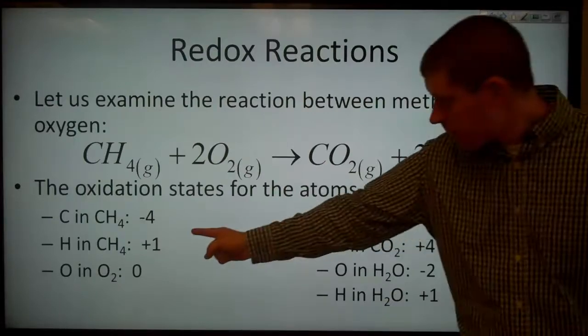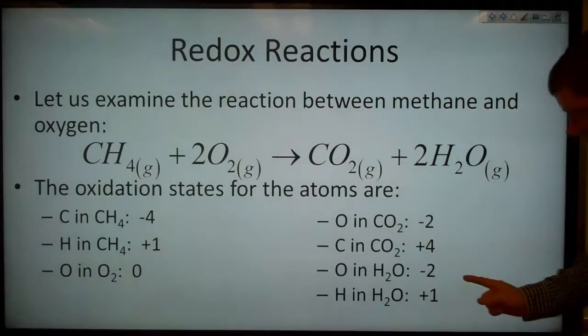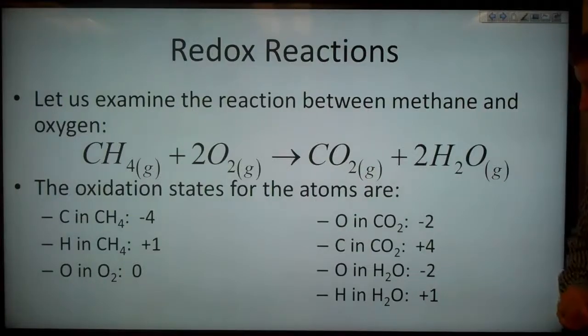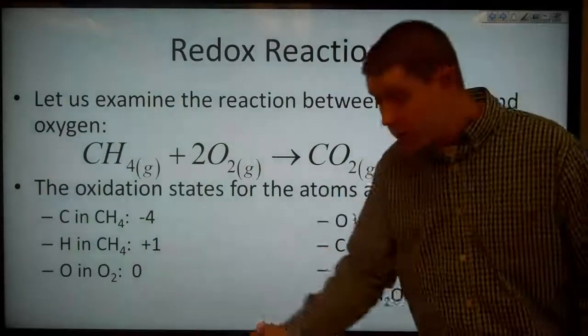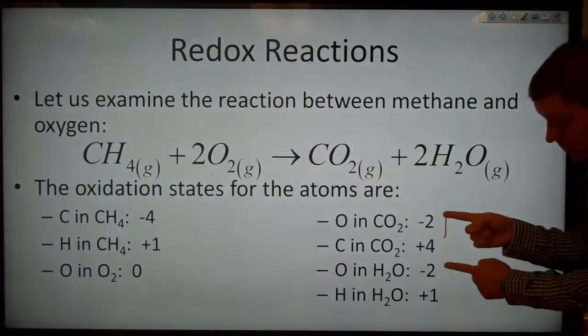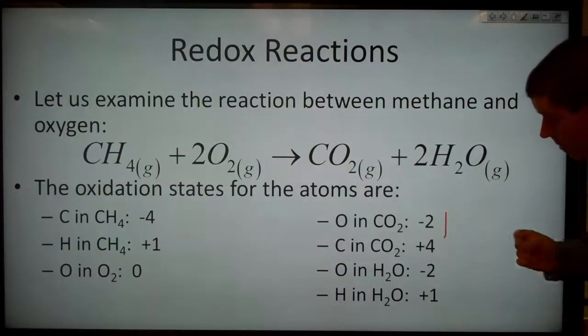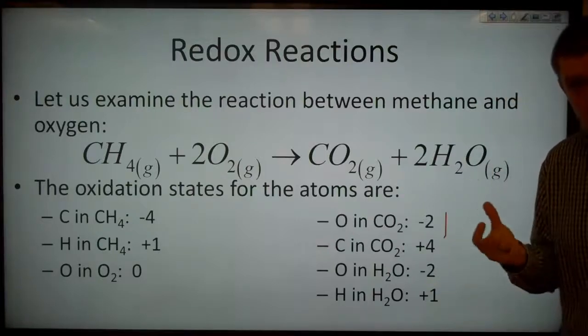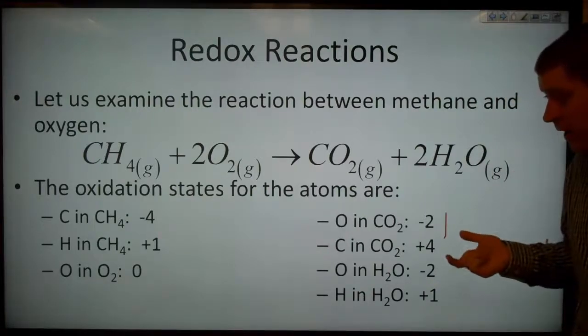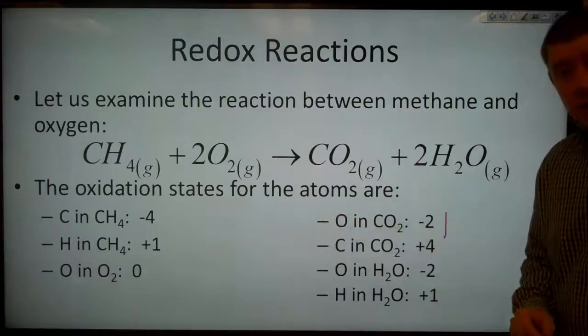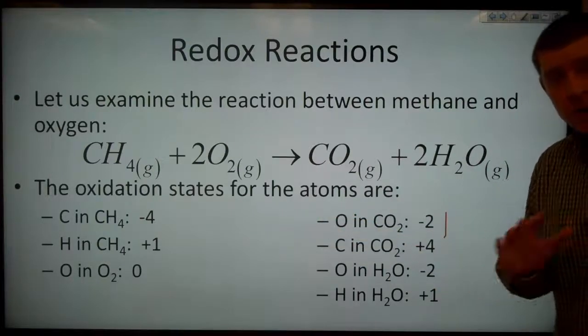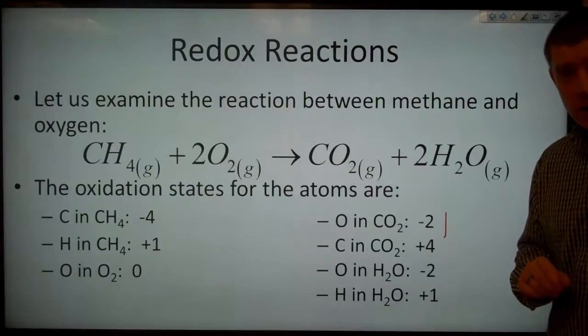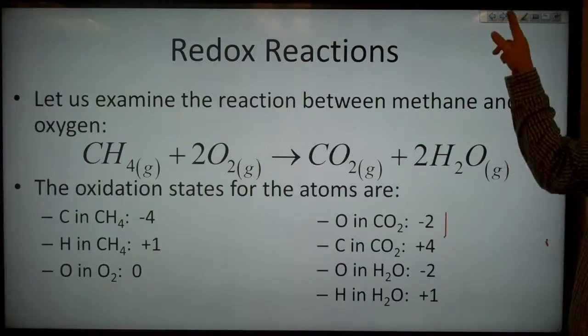Let's see, hydrogen started out as +1 and it ended up as +1. The oxygen started out at 0 and ended up as -2. So the oxygen atoms have theoretically gained electrons. The carbon has theoretically lost electrons. The hydrogen has done nothing. It hasn't gained or lost any electrons, so it's unchanged.